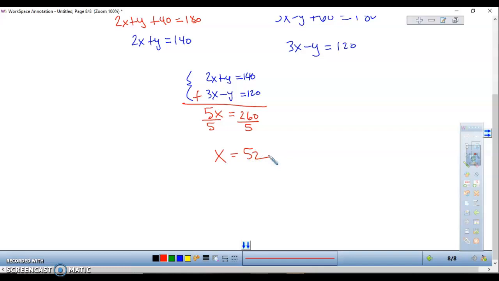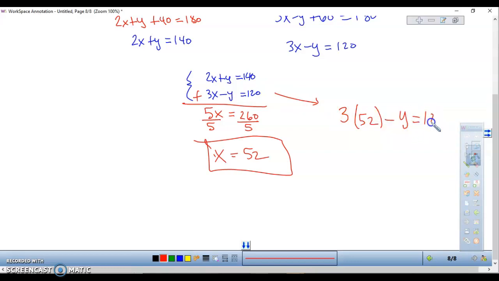My mental math's not as strong as it used to be because it's first thing in the morning. But 52, perfect. I still got it. All right, so x is 52, and then to find y, I'm just going to choose an equation, maybe this one, and we'll just plug in. Instead of x, I have 52, and I'm going to solve for y. So 3 times 52 is 156, minus y is equal to 120.